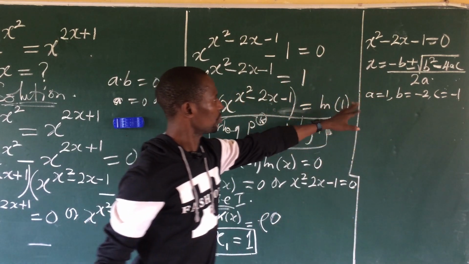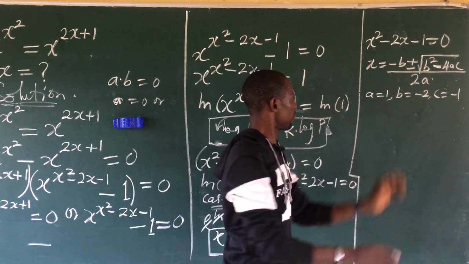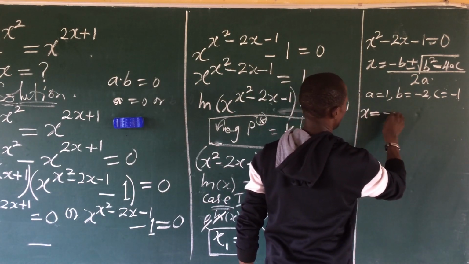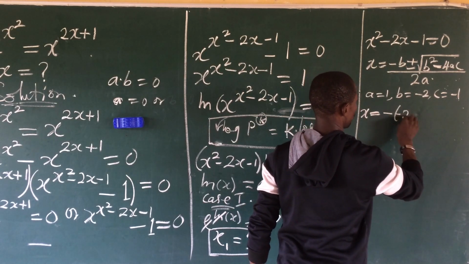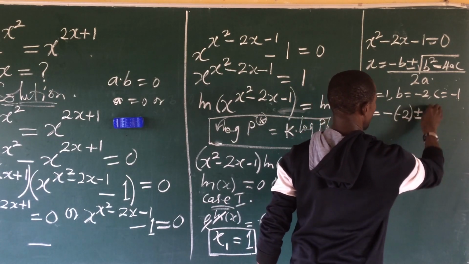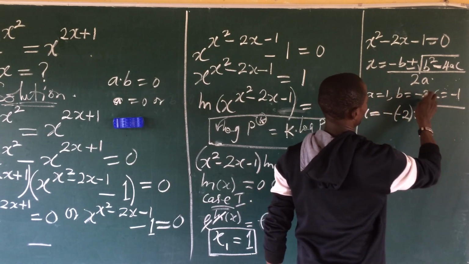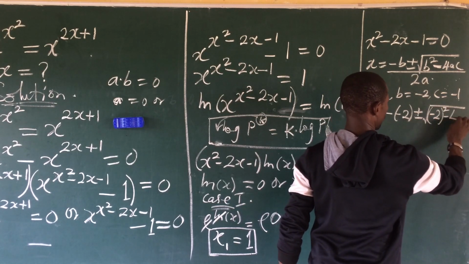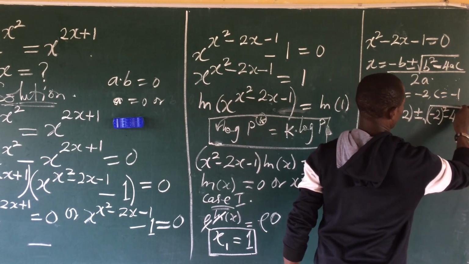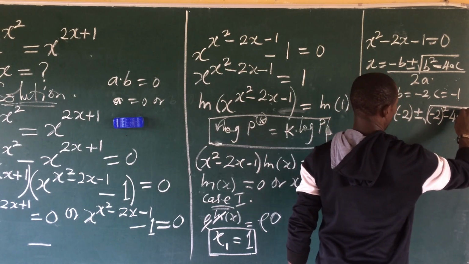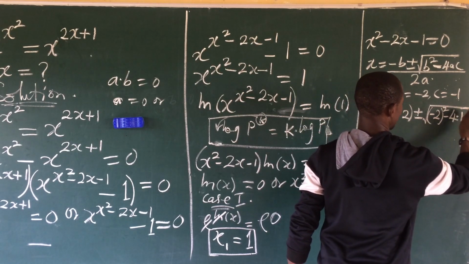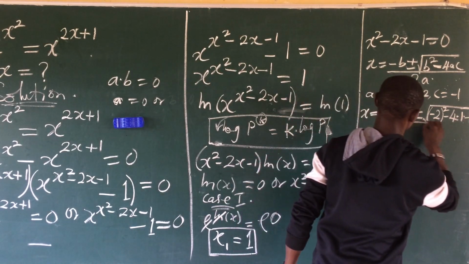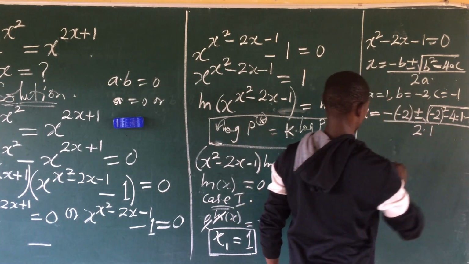So let's go ahead and substitute these values into our formula. We're going to have x equal to minus (minus 2) plus or minus the square root of (minus 2) squared minus 4 times, our a is 1, times our c is minus 1, all over 2 times 1.